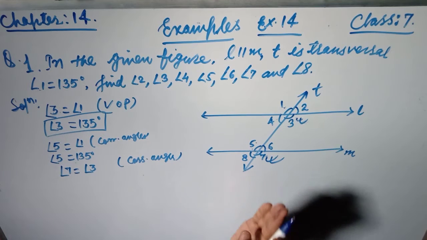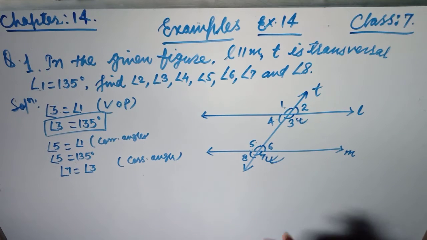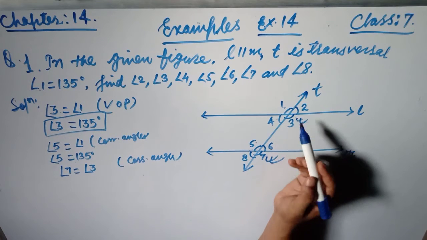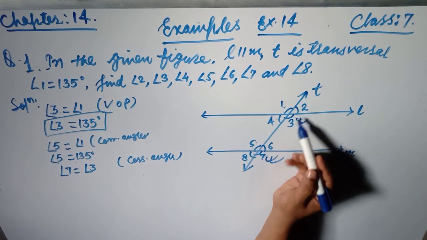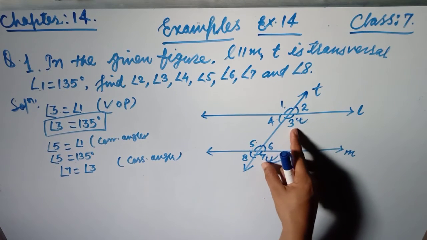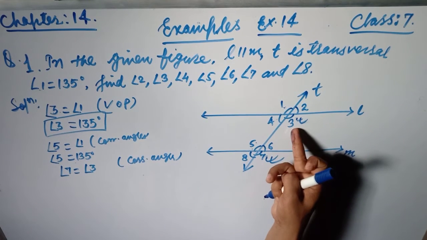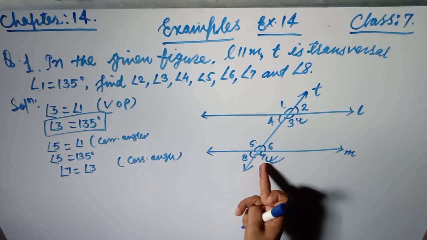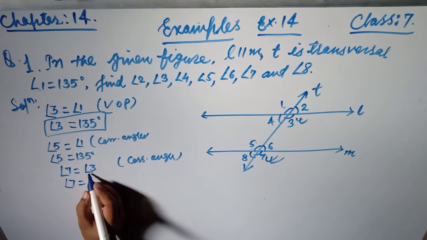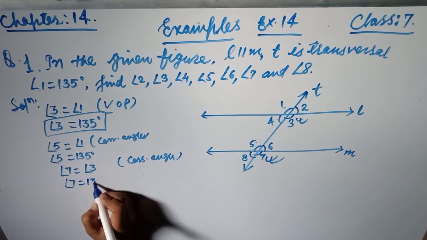We have to select two angles on the same side of the transversal, first point, then see the position of the angles. The same position of angles means this angle is just below this line and this angle 7 is just below this line, and these two angles 3 and 7 are on the same side of the transversal, so we can say angle 3 is equal to angle 7 by corresponding angles. Okay, so angle 7 is equal to angle 3, which is 135.